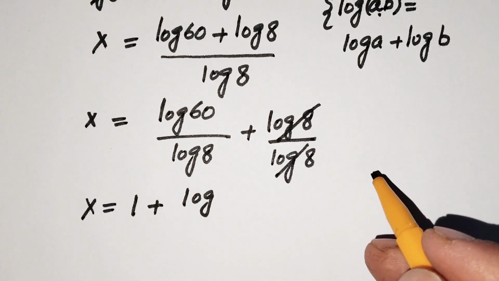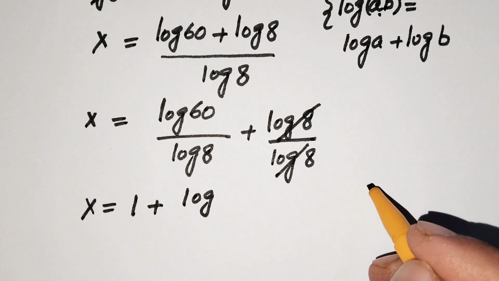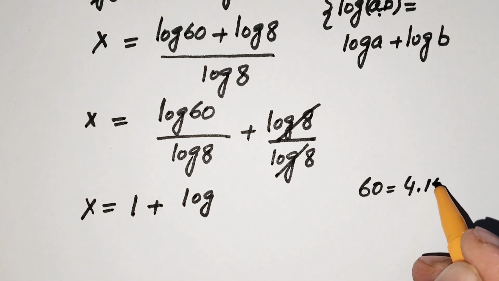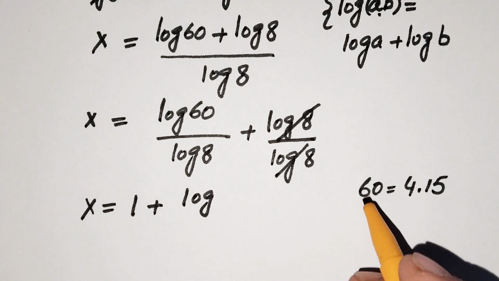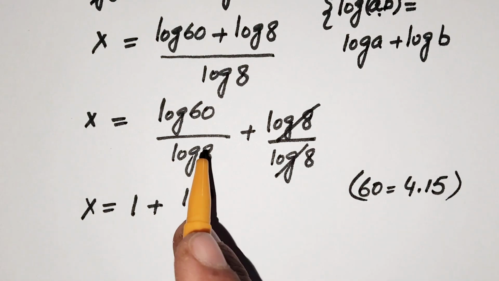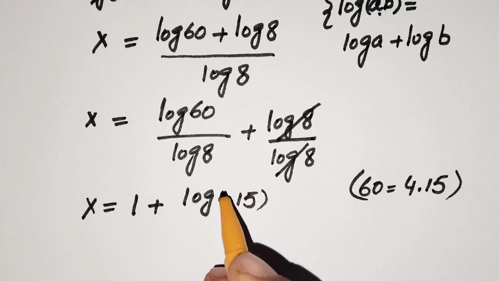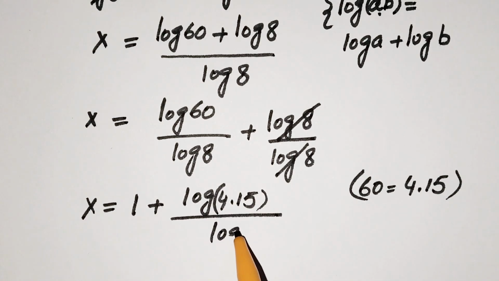Log 60 can be written as, we know that 60 is equal to 4 times 15, so 4 times 15 is equal to 60. Now we are going to write this as log of 4 times 15 all over log 8.